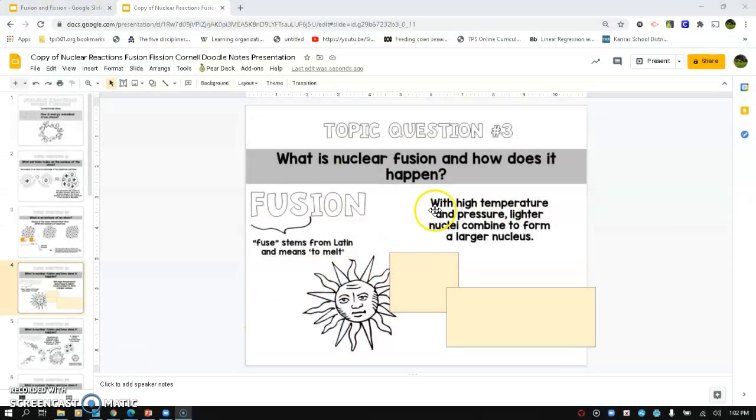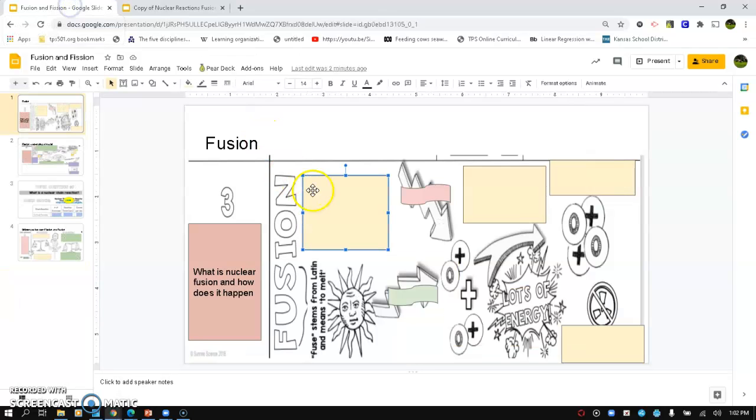I'm sure there's some English term that we could figure that out, or we could get Waldy or Shannon down here and figure it out. So the plural of nucleus is nuclei, like fungus and fungi. Okay? So with high temperature and pressure, lighter nuclei combine to form a larger nucleus. So that will go right here.